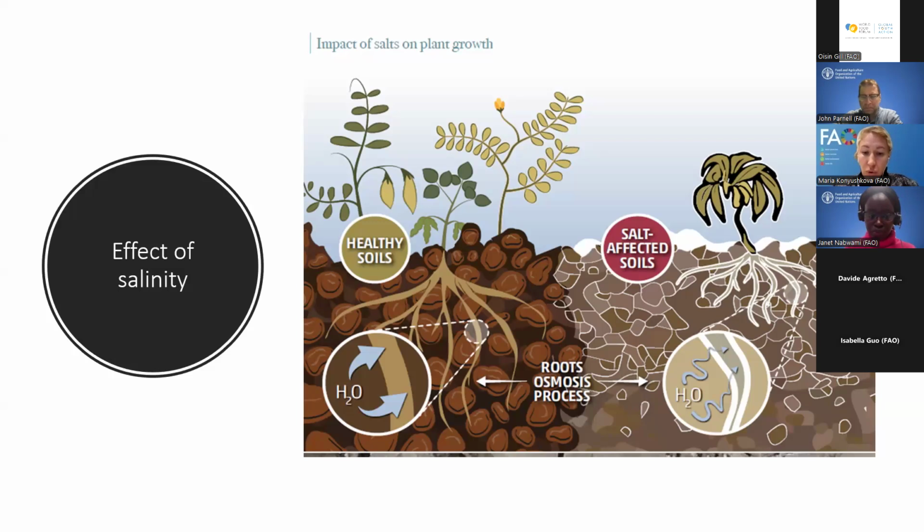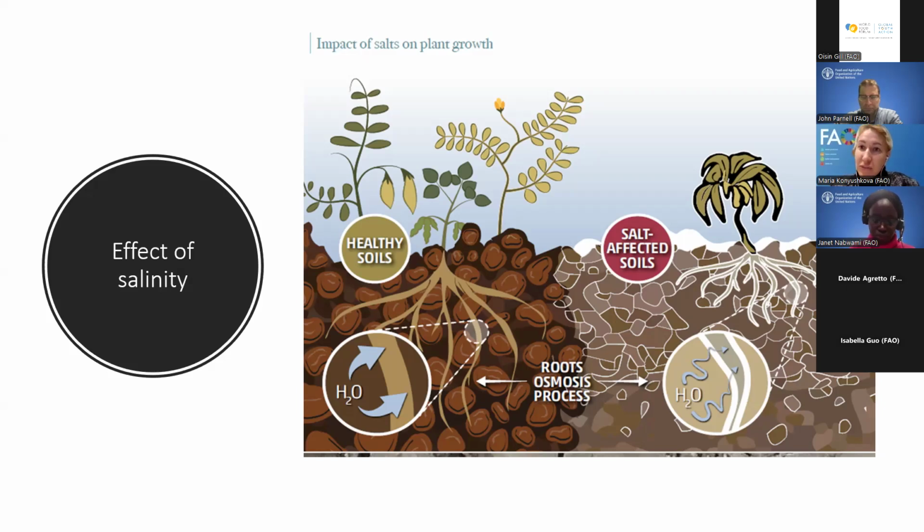And what we observe when we have salinity in our soils is that the crops that are not adapted to salinity show signs of drying, even if the soil is moist. So you can see a field which has enough water, but due to salinity, the crops will show the signs of drying.